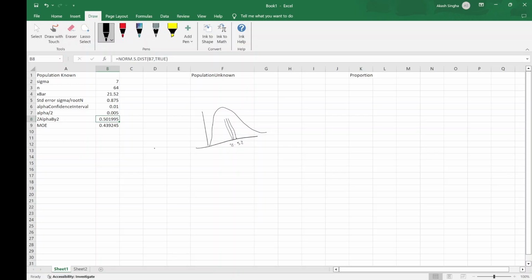This tail value is 0.05 on each side. So z alpha by 2 will be higher, right?